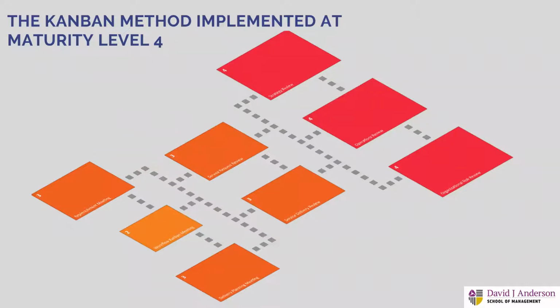I realize the font is very small here, but I will quickly take you through it. In the top, this red top quadrant, you have strategy review. So now we think about our whole organization and the strategy of our organization. Then we have operations review, which we call Kanban of Kanbans meeting.